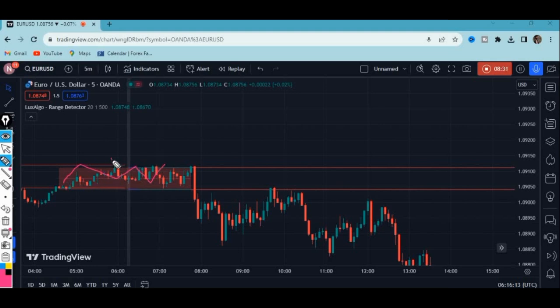You had manipulation here, and here as well, but later distribution took place, whereby price broke below the lower line. It proceeded, and there was a retest as well. It was unable to enter that range channel. Instead it was rejected and price proceeded to the downside. So you can expect something like this on live market.